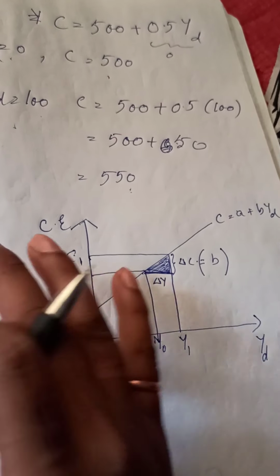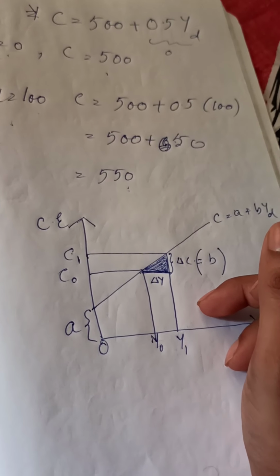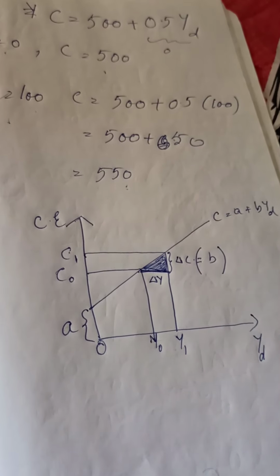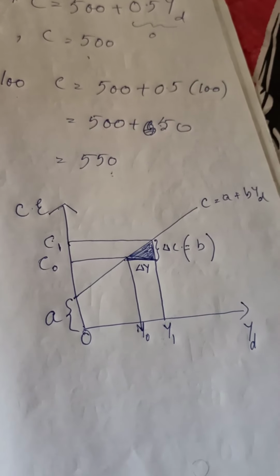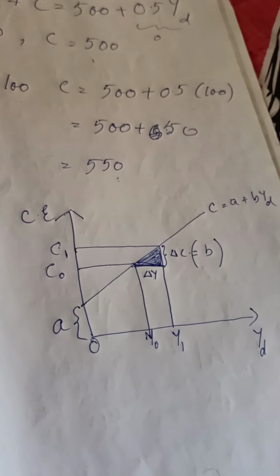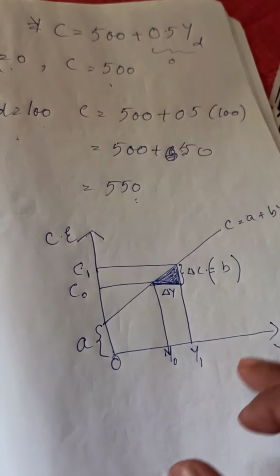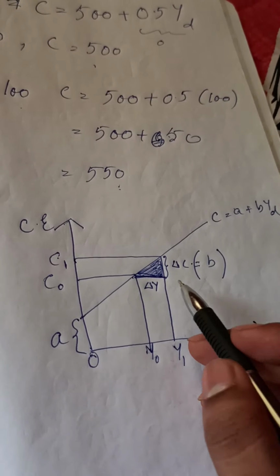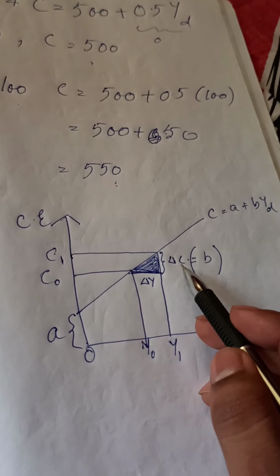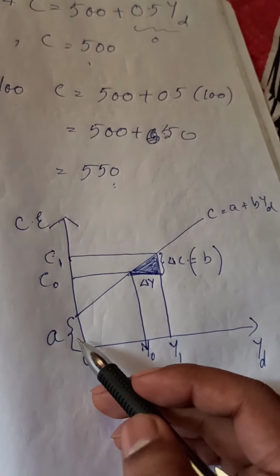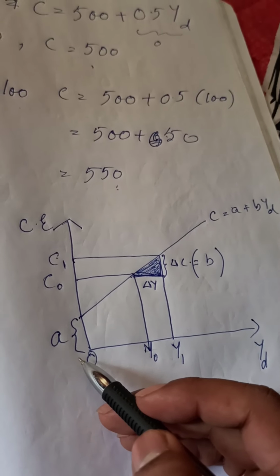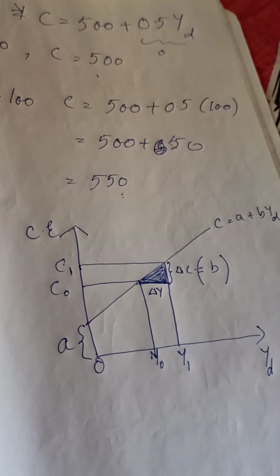So B is telling us how much C will change due to a change in income. B is showing the slope of the function, or we can say it is the MPC, and A is showing the autonomous consumption, that is the consumption at zero level of income.